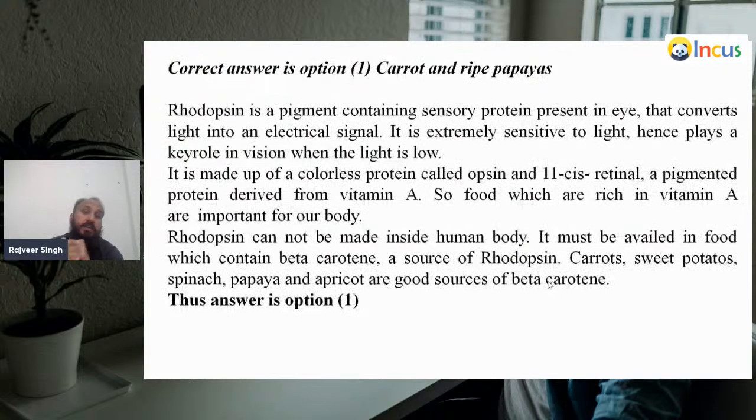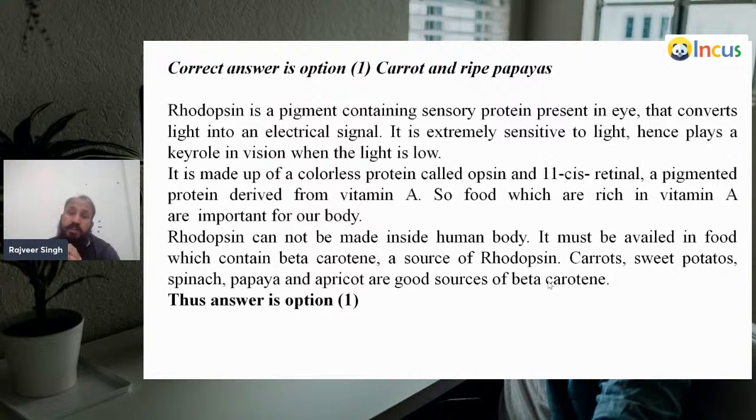Answer will be first. Here, if I talk more about rhodopsin, rhodopsin is a pigment-containing sensory protein present in the eye. As I told you in the previous question, it converts light into an electrical signal. It is extremely sensitive to light, hence it plays a key role in our vision when the light is low. It is made up of a colorless protein called opsin and 11-cis retinal, a pigmented protein derived from vitamin A. Is it clear?